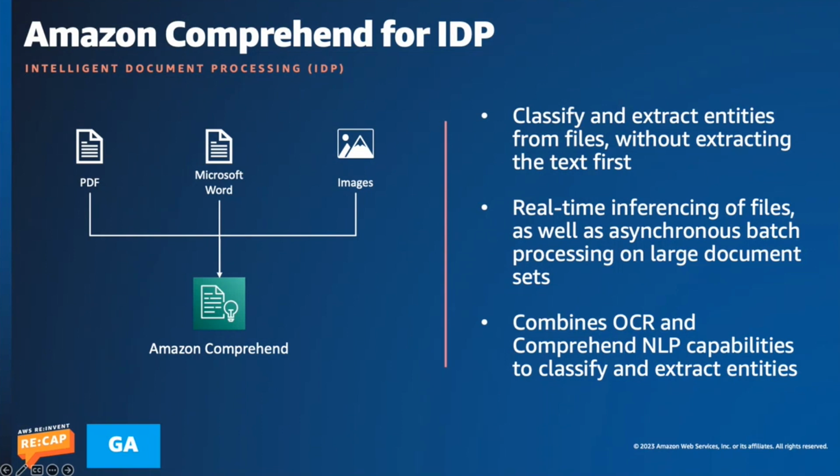So we have introduced this functionality to allow developers to classify and extract entities from these PDF documents, Word files, and eventually images directly from Amazon Comprehend without then needing to extract the text first, right? So it's just a single step, and you may combine some OCR and Comprehend natural language processing capability to do that job directly without this additional step.